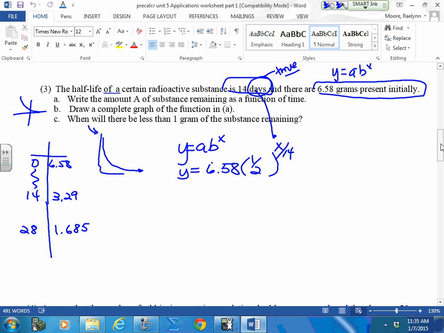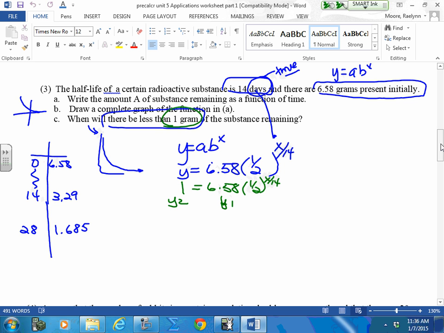Now, when will there be less than 1 gram? In the past, I used an inequality for this, but since it throws everybody off, I think a better way to do this is just take your 1 gram and put that in here. And do an intersect. This is y2, this is y1.